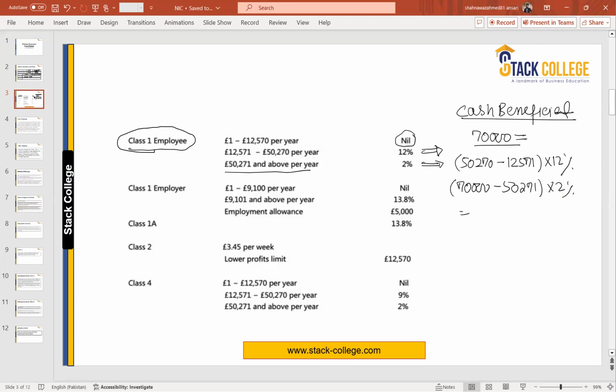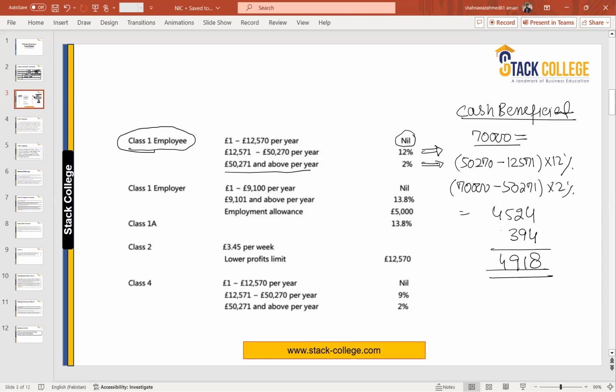So let's calculate. 50270 minus 12570 into 0.12 is 4524. The second one is 70,000 minus 50270 into 0.02, and that is 394 or 395. So the class 1 in this case is 4918.